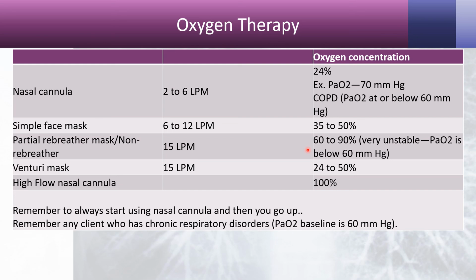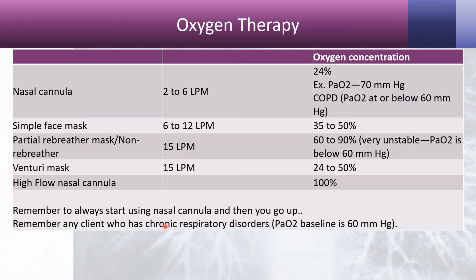And partial rebreather or non-rebreather, you can give up to 90%. And this is usually used for very unstable patients, especially if your patient is in ICU. We commonly use this type of device, and also Venturi Mask, we commonly use this one, which is about 24 to 50% oxygen concentration. We also use 100% high flow nasal cannula for our patient.